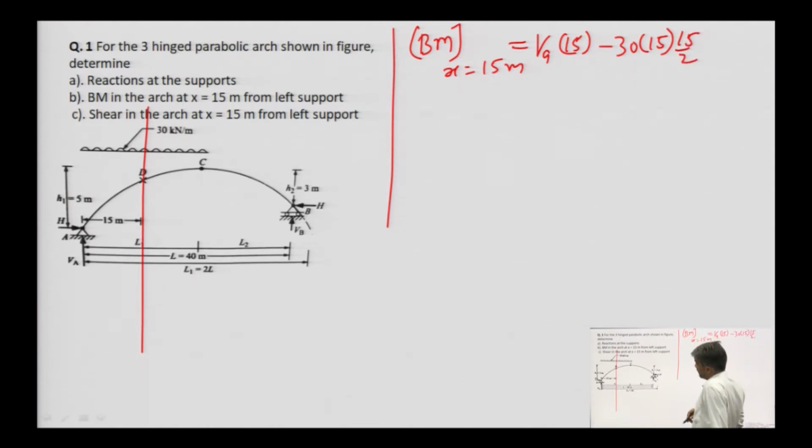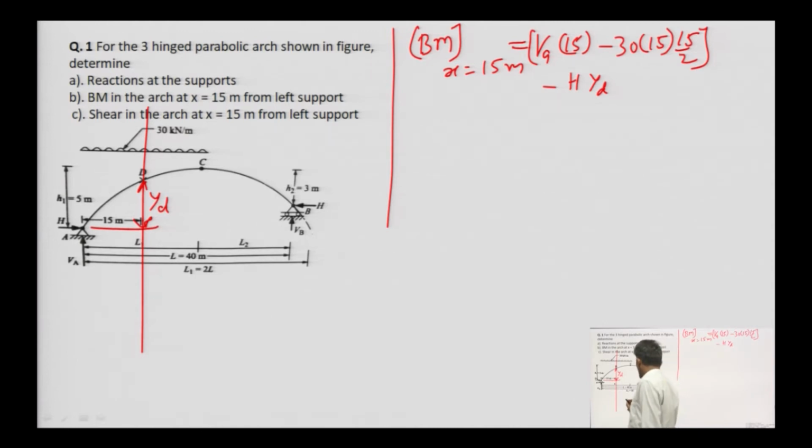This is the beam moment, actually. Minus H, we have calculated earlier, H into Yd. So, let us calculate Yd, what is the value of Yd.